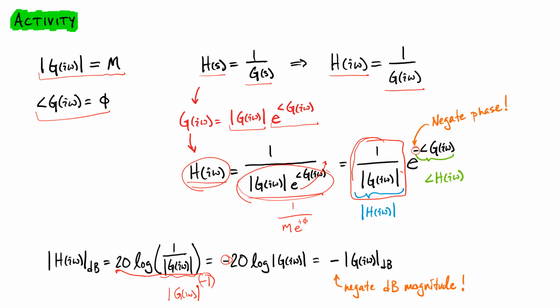So in the decibel plot of the magnitude, you also get a negative sign. This is another elegant property of writing things in decibels: now we're negating the phase and we're negating the magnitude in decibels, and that's how you express the reciprocal transfer function on the Bode plots.